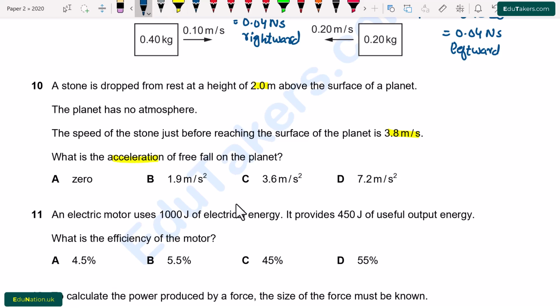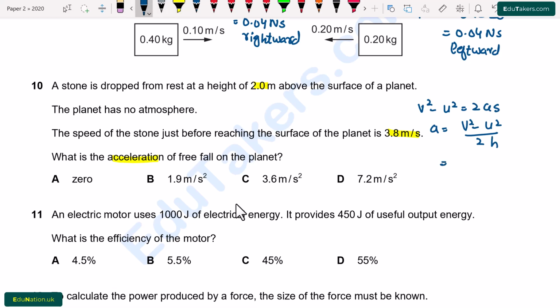Here again I use the equation of motion v squared minus u squared is equal to 2as. We have to find the acceleration a. So a will be equal to v squared minus u squared over 2s. Here s basically represents height, so I write here h.